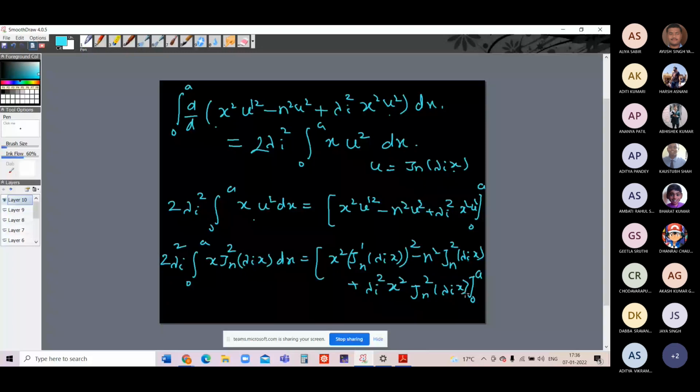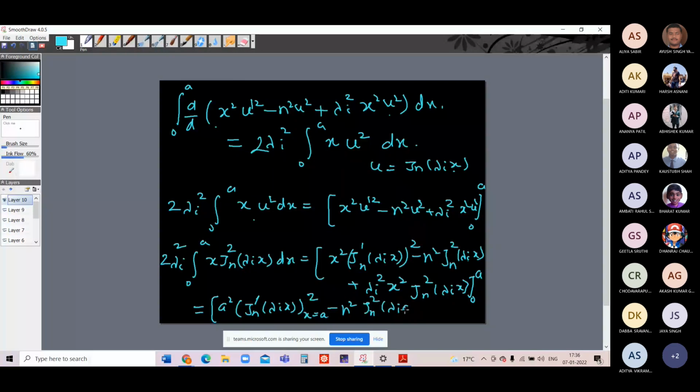So we will get a square Jn lambda i x whole derivative at the point x is equal to a, minus n square Jn square lambda i a.